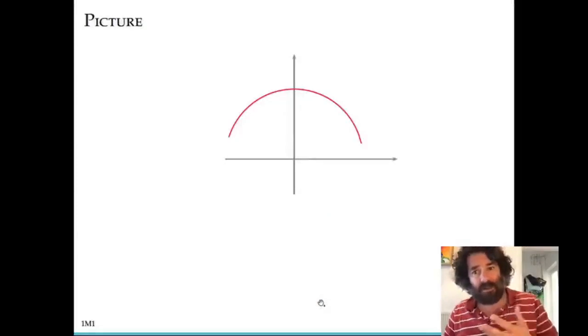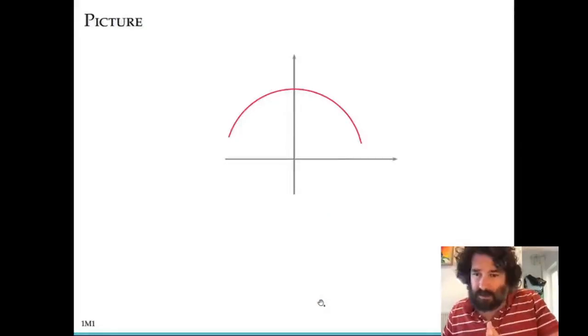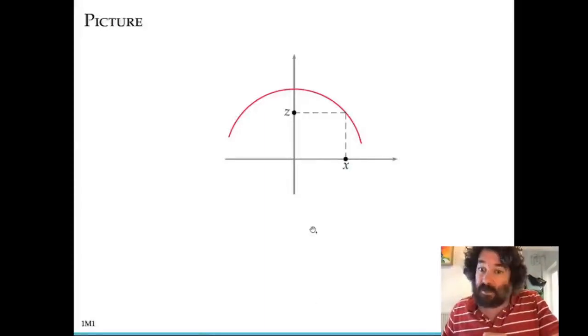And so I'm going to give another explanation of why this is, based on this picture. And so we have, say, z is a function of x. So z is given by this function whose graph is shown by the red curve. Looks like the top half of a circle. And so if we measure x, we would then calculate z as shown.